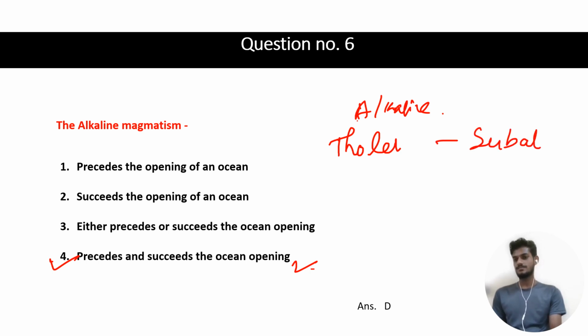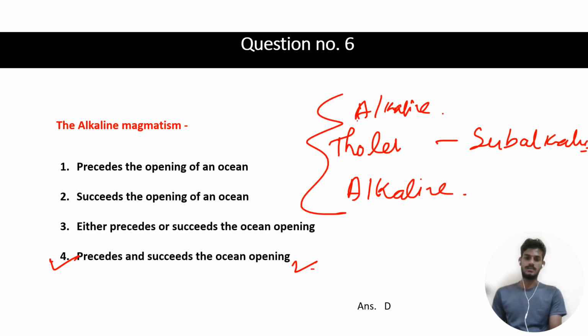Yes, that is subalkaline. While after the rifting you have again alkaline magma. Okay, so you can remember this sequence: before rifting, during rifting, after rifting. Okay, here the fourth option will be our right answer.